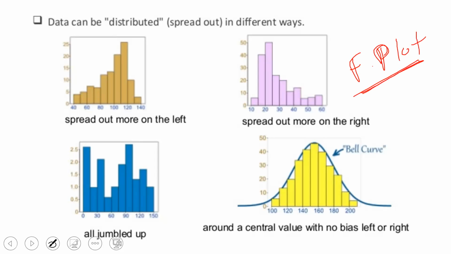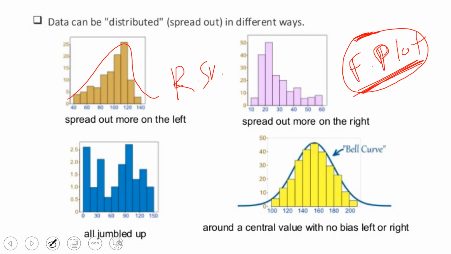The frequency plot tells me the distribution of my data. You can see that this data is right skewed, and this data is left skewed.